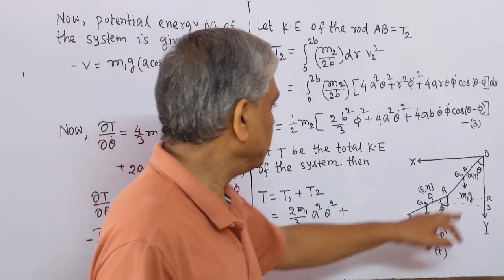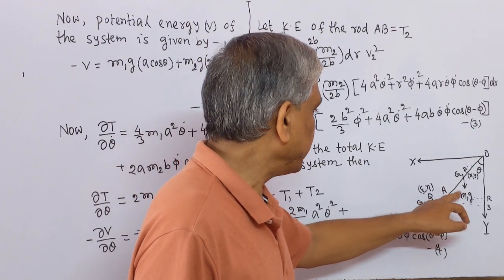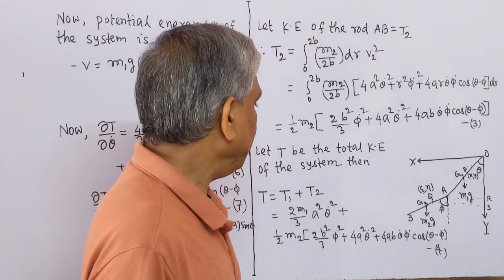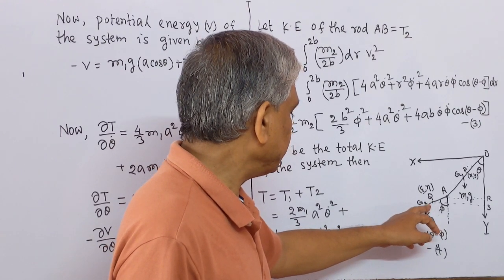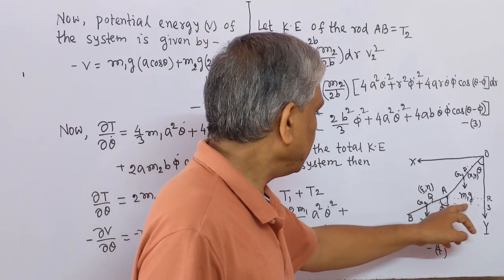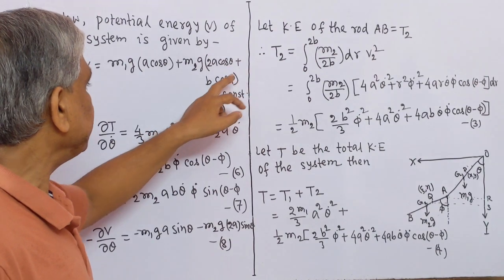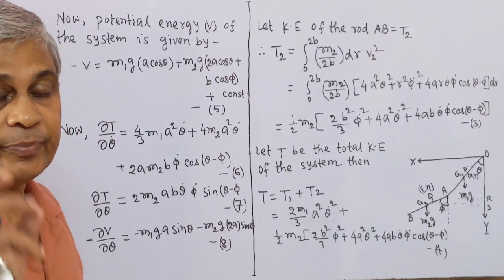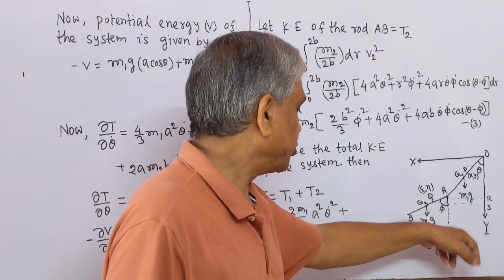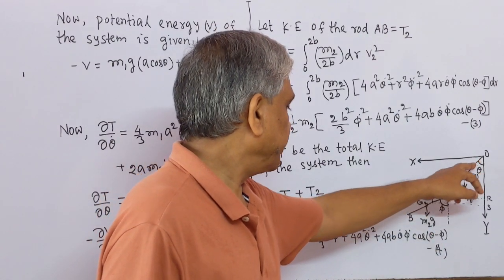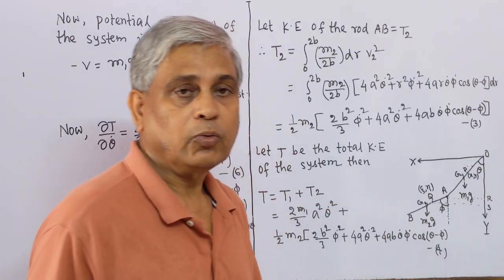That is equal to OA, the length of the first rod, 2a cos theta, and this length is 2b, the middle point is at a distance b cos phi. So this will be 2a cos theta plus b cos phi. This is vertically downward, that means the projection of the distance G2 from O on the y-axis.